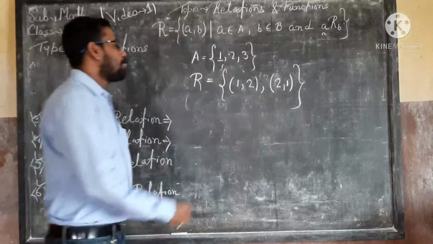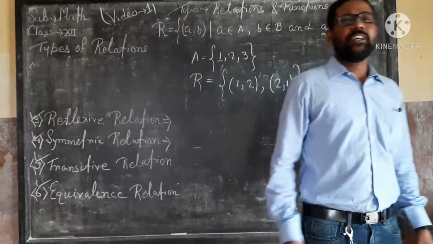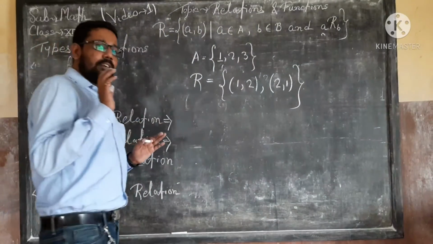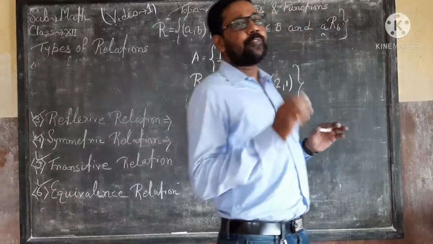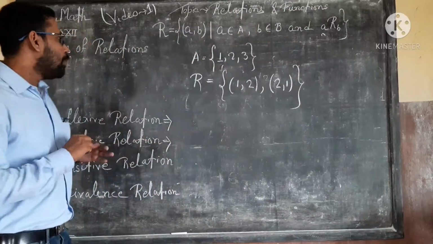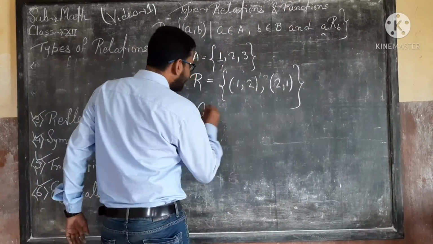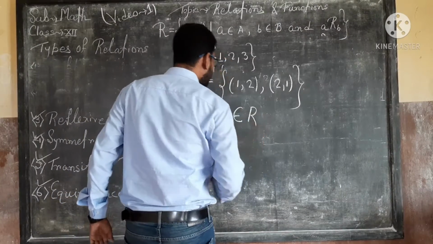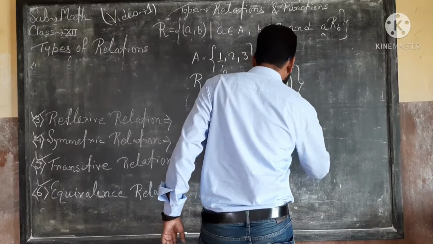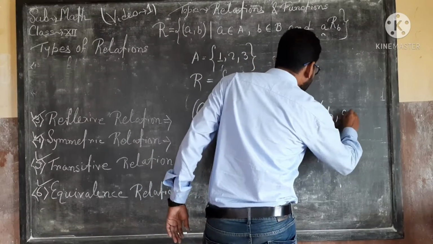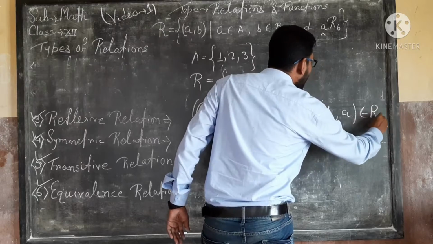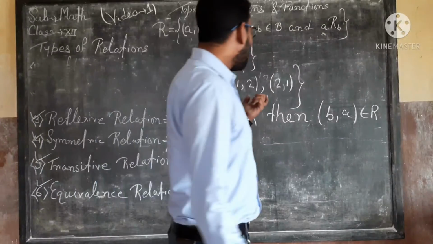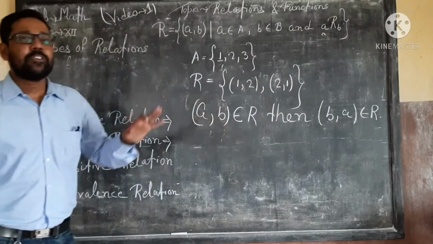Okay, so what is the condition to justify whether a relation satisfies the symmetric conditions or not, or whether a relation is a symmetric relation or not? So first one, if (a, b) belongs to R, then (b, a) also belongs to R. This is the condition to justify whether a relation is symmetric or not.